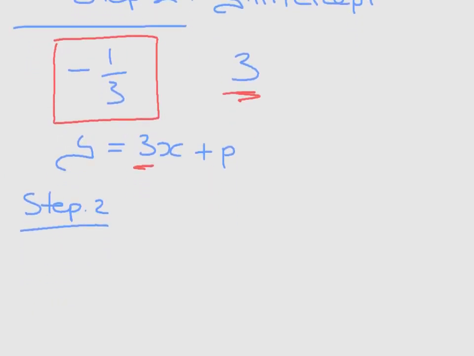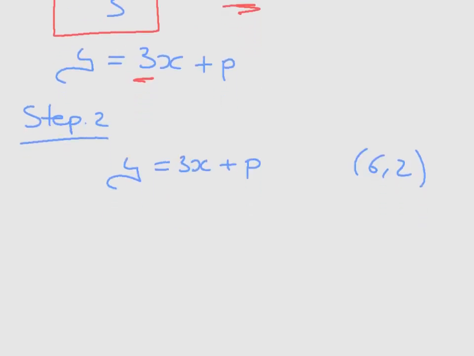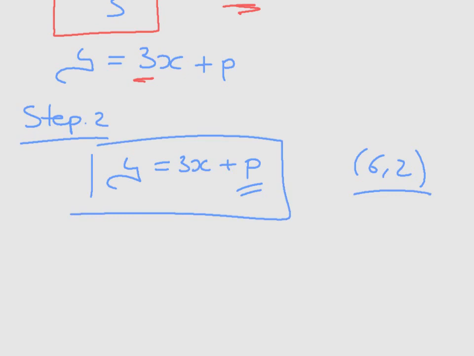That means that this line, y equals 3x plus p, has to pass through the point (6, 2). For us to make sure of that, we need to find the y-intercept. That point tells us that when x equals 6, y must be equal to 2. And by plugging those two coordinates inside this line equation, we're going to find p.